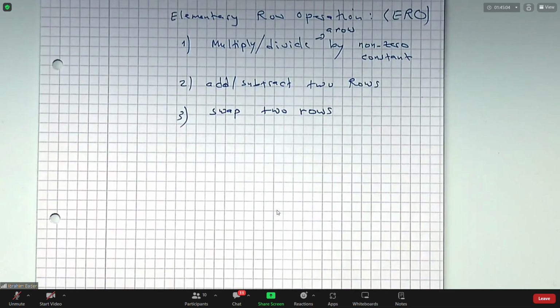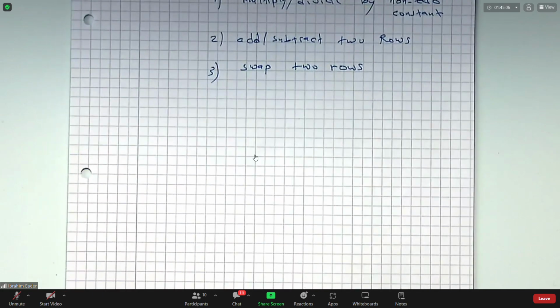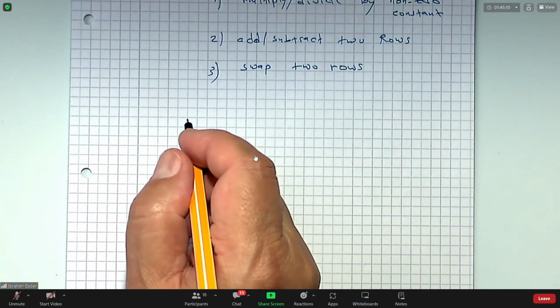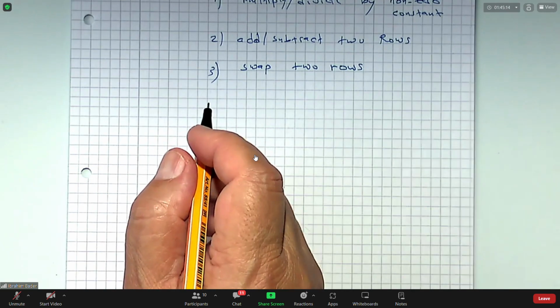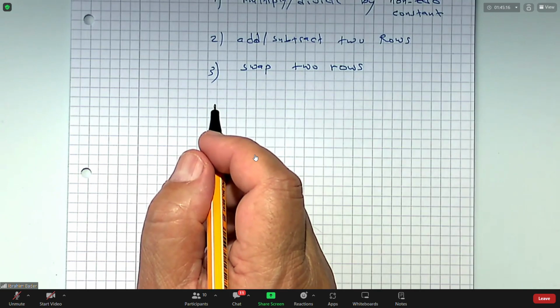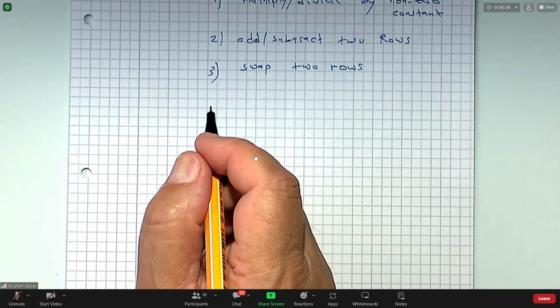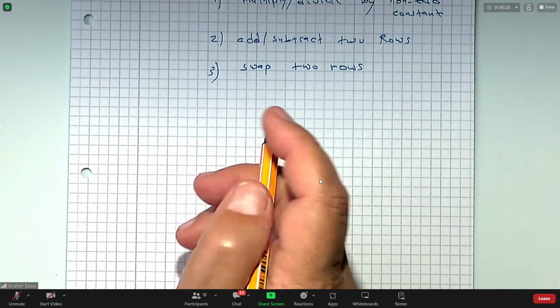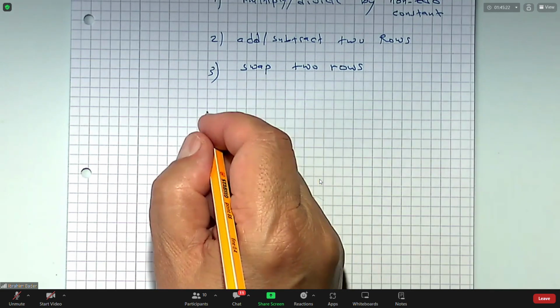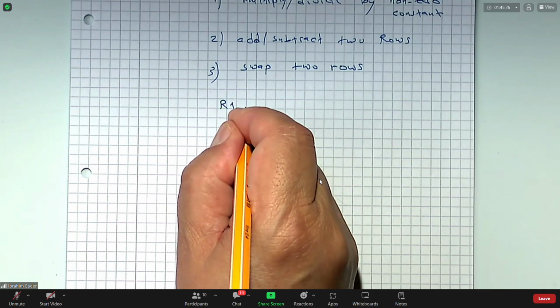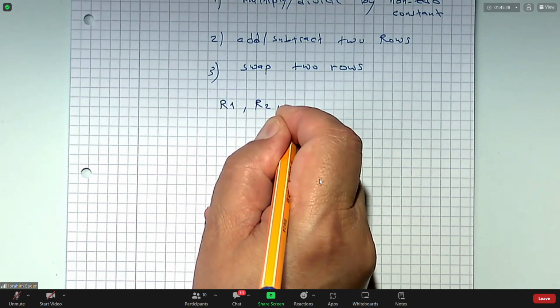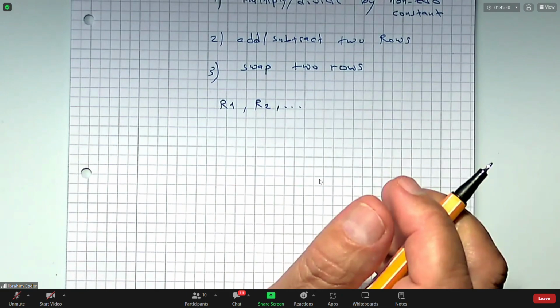Now, before I start doing this, let's agree on the following. We will be given a linear system, usually in the form of rows, where each row refers to an equation of the system. So we will be numbering the rows, row 1, row 2, and so on, and writing R for this.